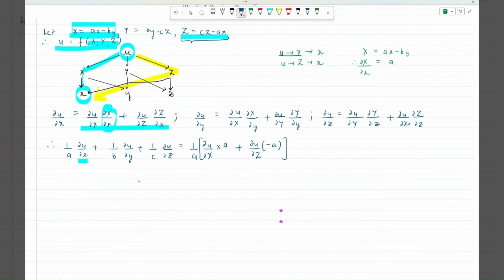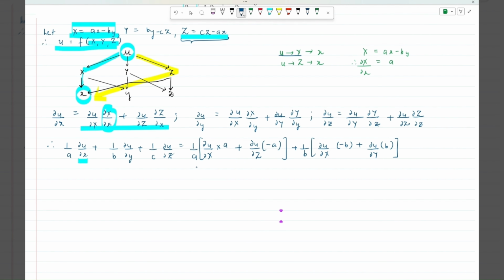Now likewise for the second term we have 1 by b factor out, and then del u by del x remains as it is. For del x with respect to del y, we will be having negative b, and then plus del u over del capital Y, and then del capital Y over del y is going to give us b.